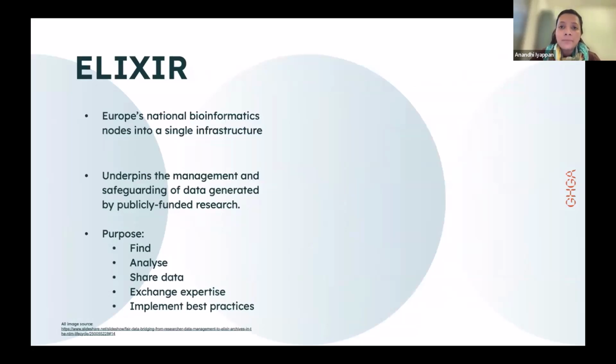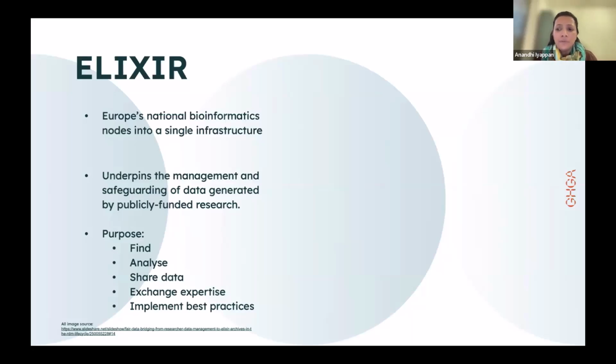Having mentioned data portals and FAIR data portals, now we will be looking at the existing research communities which support and foster open science, open life science research, and also practice FAIR data principles. Elixir is one such organization, which came into existence in 2013 as part of the European Infrastructure for Life Science Research.